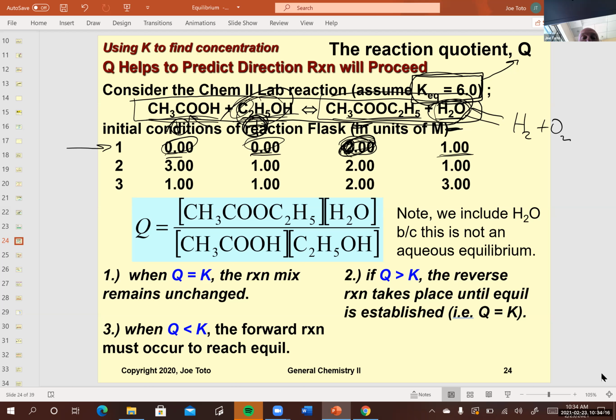How about number 2? Which way is that going to shift? And tell me why you think. Maybe to the right because there's more on the left. Okay, good.